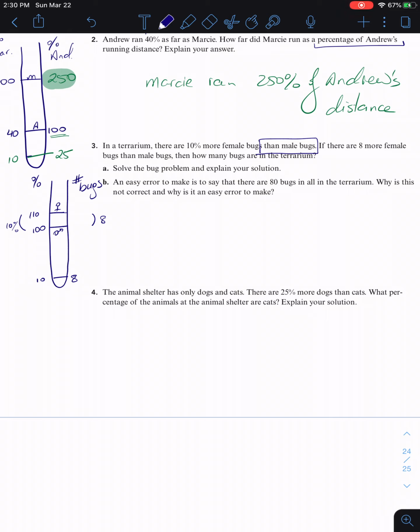It would be 80. And 88 for the female bugs. Now, what does the question ask? How many bugs are in the terrarium? If there are female bugs, 88. Male bugs, 80. Total bugs is 168.